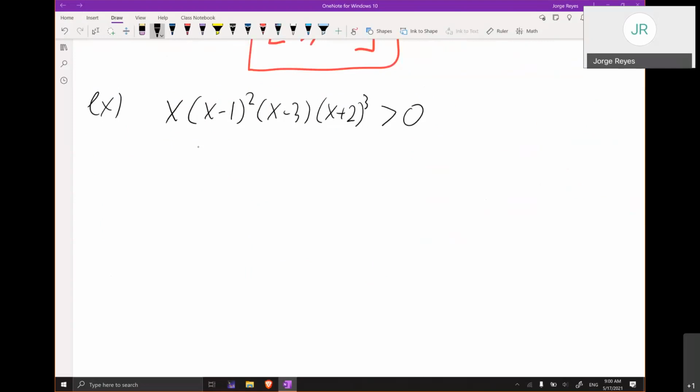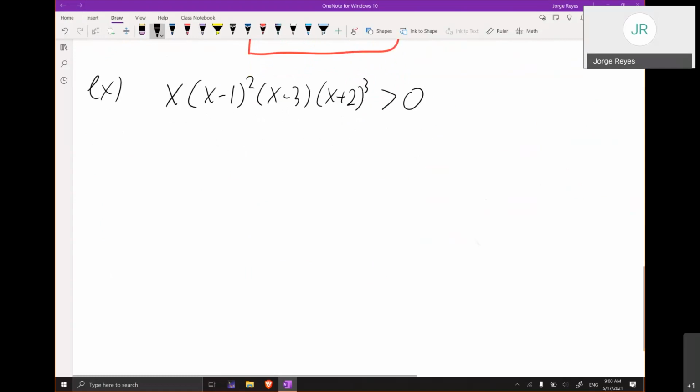All right, so I want to know when this is greater than 0. First of all, this would be very hard normally, right? What is this? This is a 7th degree polynomial if I FOILed it all out.